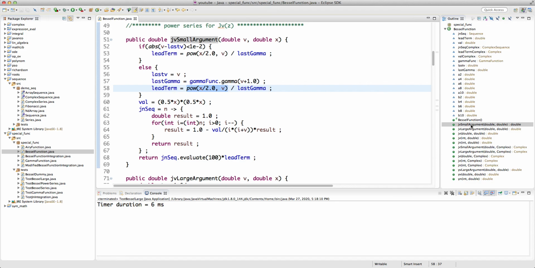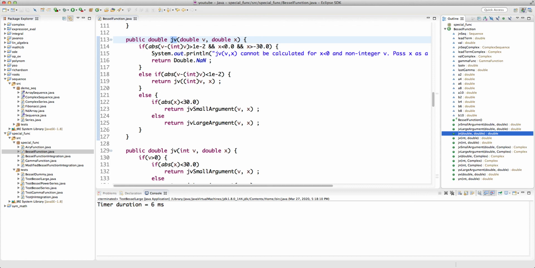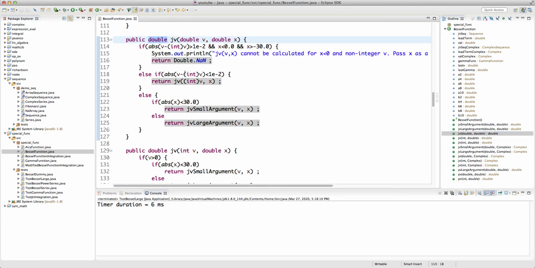So we have to check for that, and the reason is that this method is supposed to return a double. That's why I'm saying, okay, if nu is not an integer and x is negative.